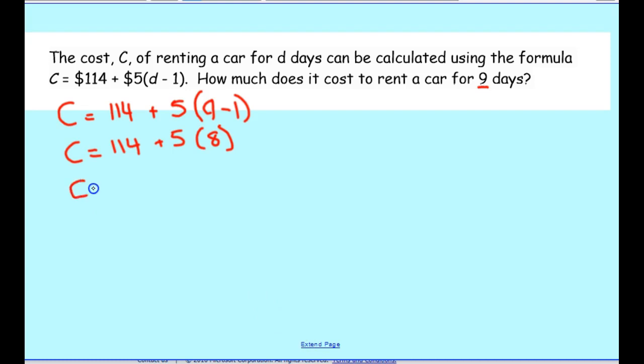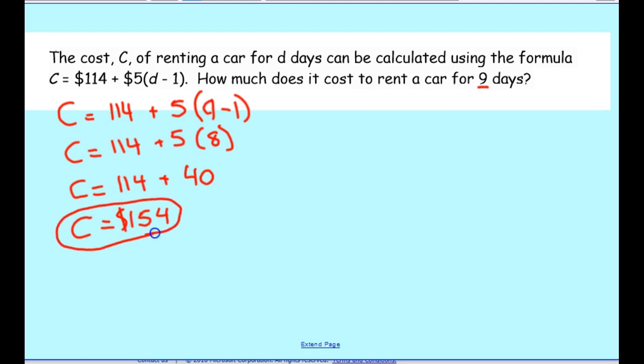So then we get C equals 114 plus, we have to do multiplication next. 5 times 8 is 40. So we know that C equals 114 plus 40, which is 154. Our total is $154 to rent a car for 9 days.